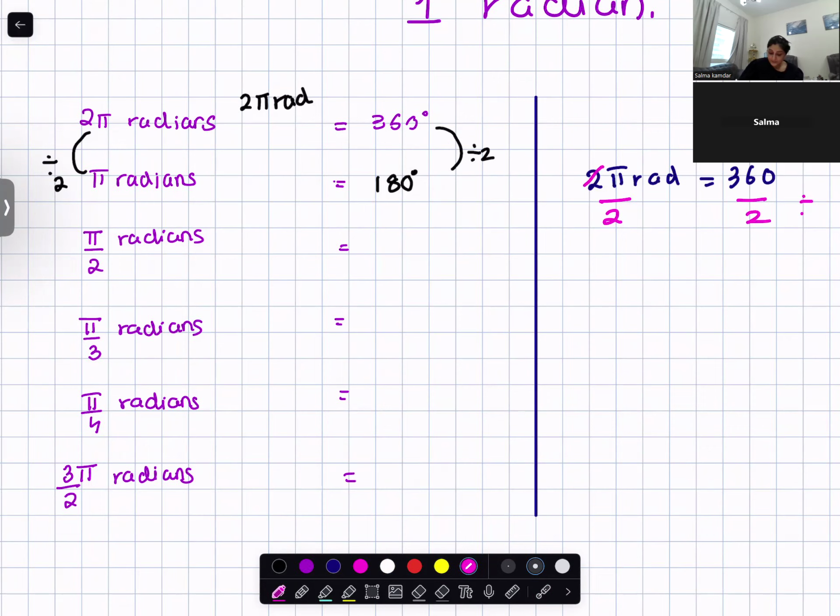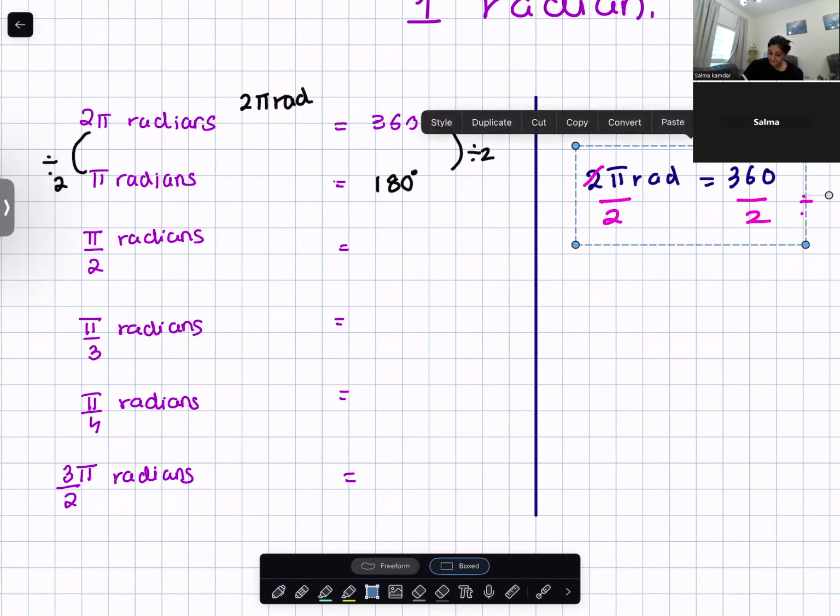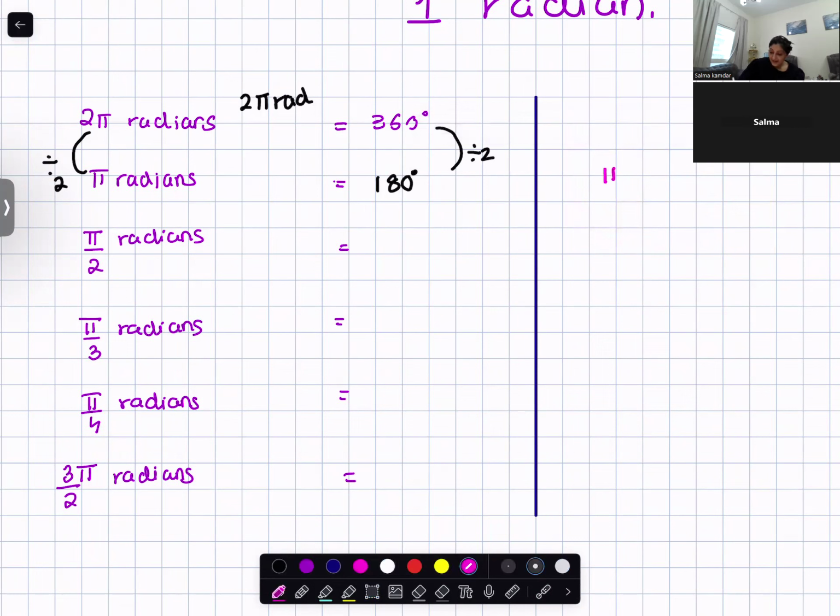Or you could take the above one, pi rad is 180 degree. You want pi by 2 rad. Again, you're going to divide this by 2, divide this by 2. So pi by 2 rad is going to become 90 degree.